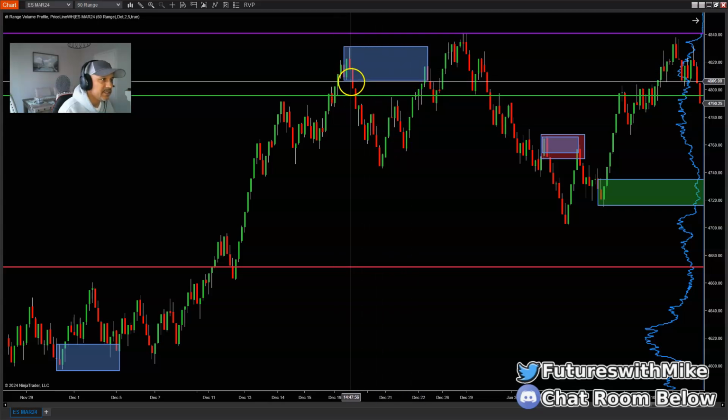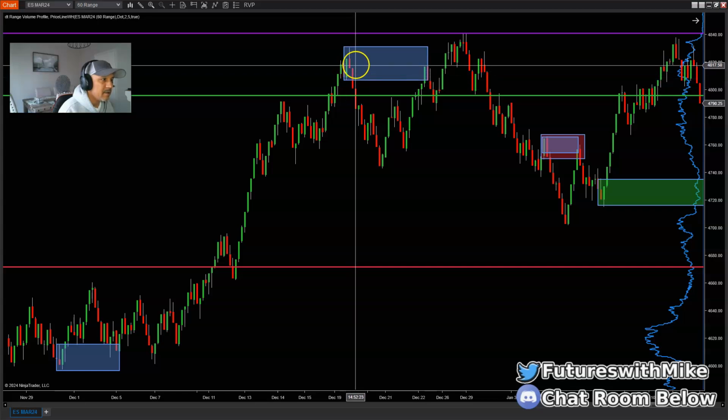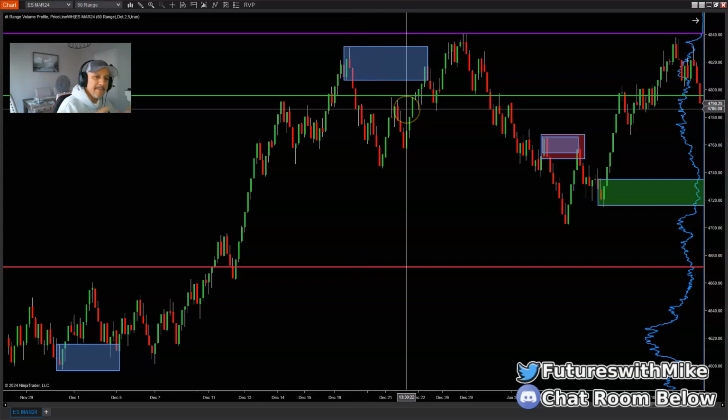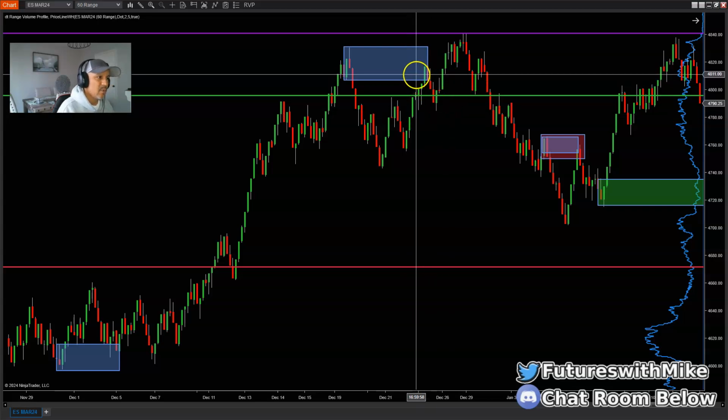There is. You see right here, there's a gap right here, fair value gap. So that makes the zone a higher probability area for me to take interest in. All right, so I'll simply wait for the market to tap in there, move to the lower time frame, look for the full-on setup and the strategy that I talk about in so many videos.